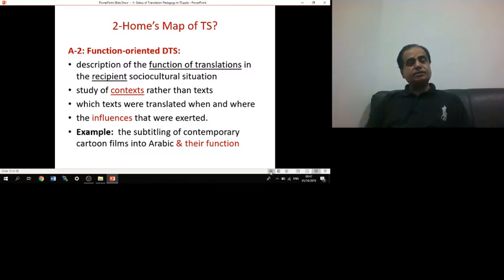That is function oriented descriptive translation studies. I repeat, I'm trying to explain the term function because it is very important, and it gives us a very important direction towards research in the area of translation studies. So, the description of the function of translations, the recipient, the socio-cultural situation.